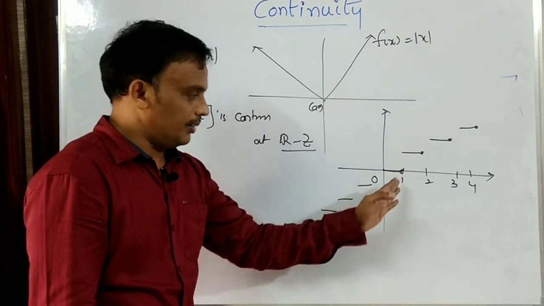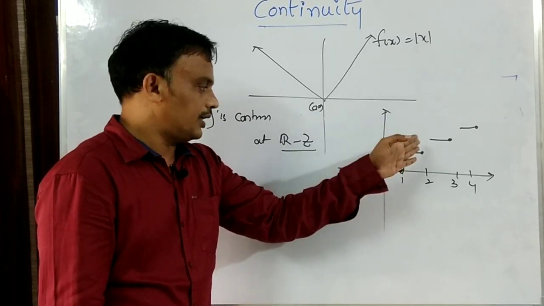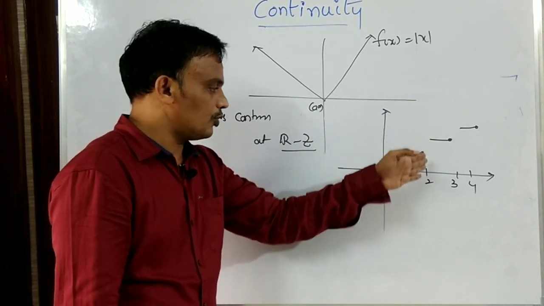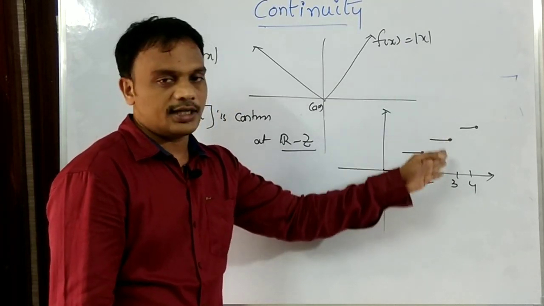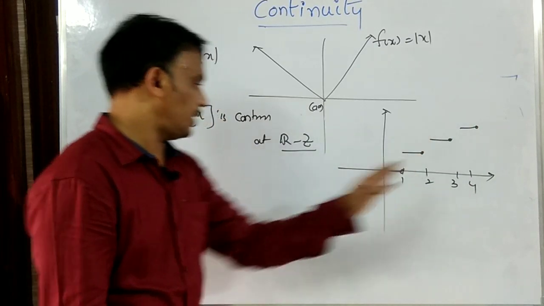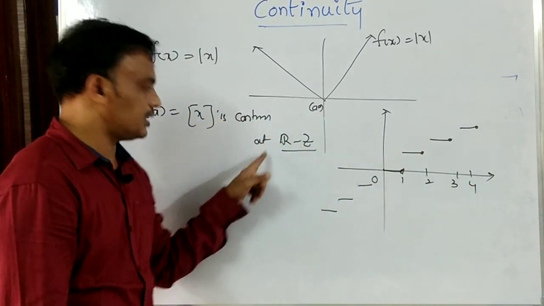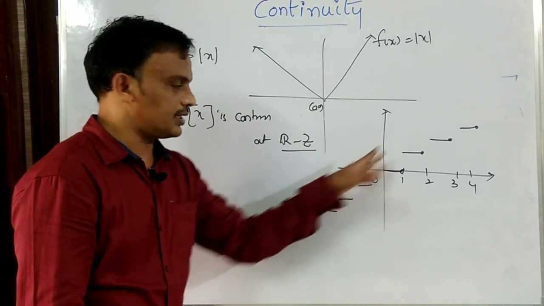Between 1 and 2 the graph goes continuously, but at x equals 2 its value is 2. For 2.1, 2.2 it goes continuously, and again it takes a break. So I can say f of x equals step of x is continuous at all real numbers except the integers.